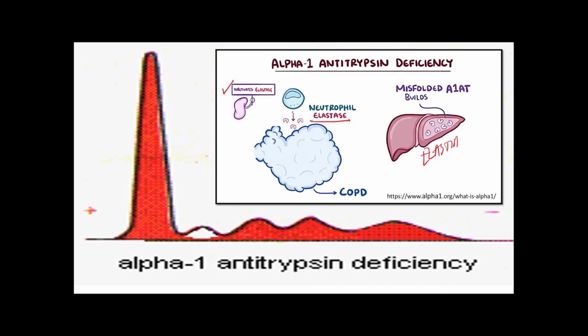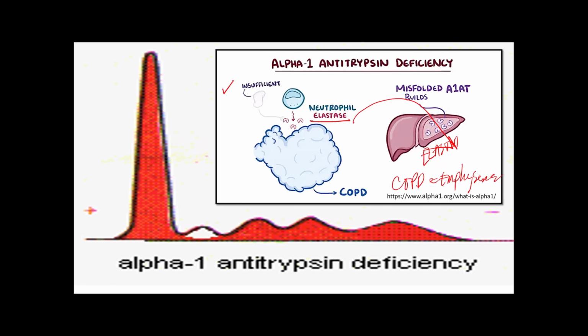So if the alpha-1 antitrypsin is present, the elastase cannot break down the elastin. But if there is a deficiency in alpha-1 antitrypsin, the elastase will break down the elastin. So that will now cause lung diseases such as COPD and emphysema. So that's the consequence of having this alpha-1 antitrypsin deficiency.